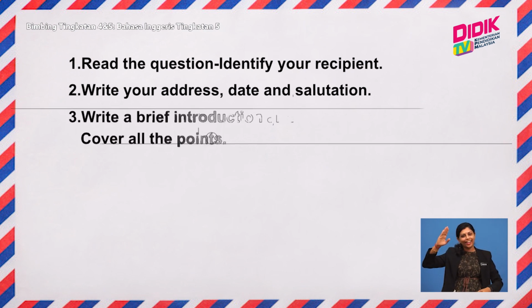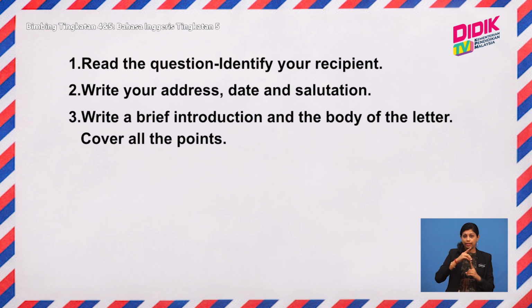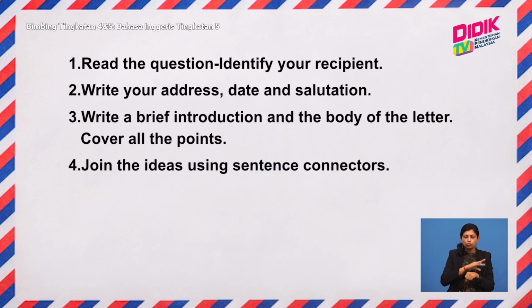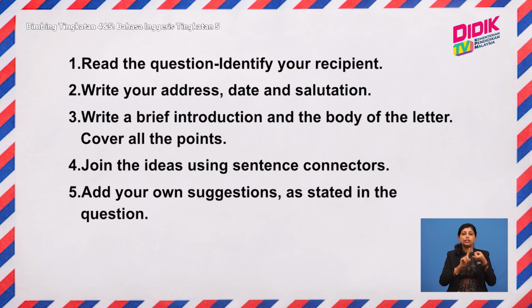Number 3, write a brief introduction and the body of the letter. Cover all the points. Number 4, join the ideas using sentence connectors. Number 5, add your own suggestions as stated in the question. And finally, step 6, signature.